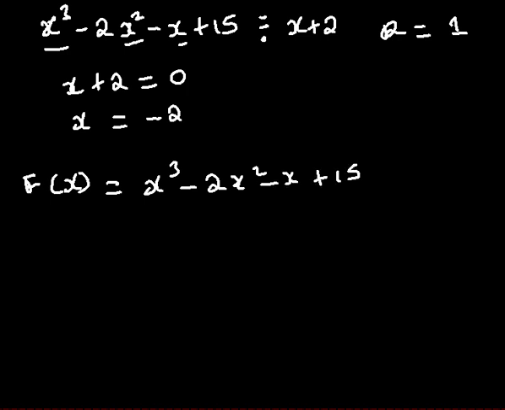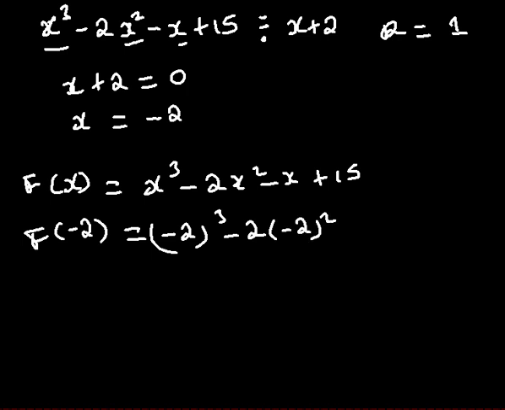This x is the same as that x. In that case, f of negative 2 is equal to negative 2 to the power 3 minus 2 times negative 2 to the power 2, minus negative 2, plus 15.